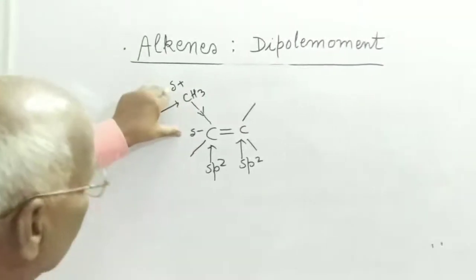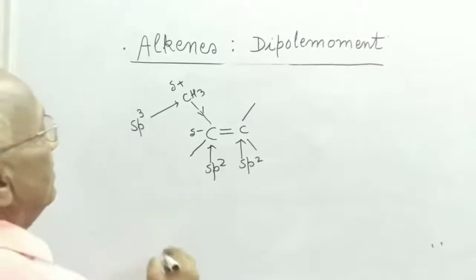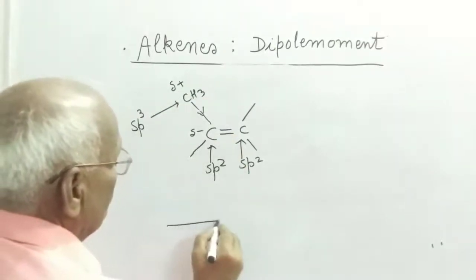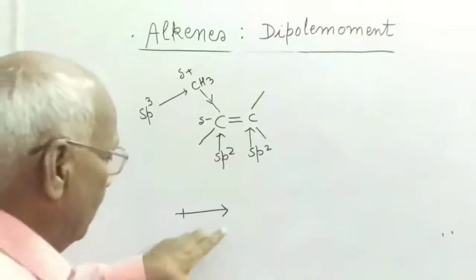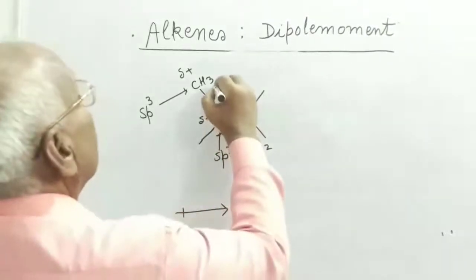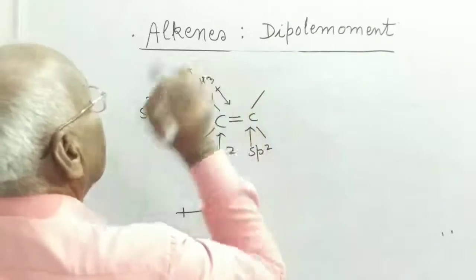poles in a particular direction is called dipole moment, and this dipole moment is represented by an arrow which extends from electropositive atom to electronegative atom like this. So we can show dipole moment in the form of this signal.